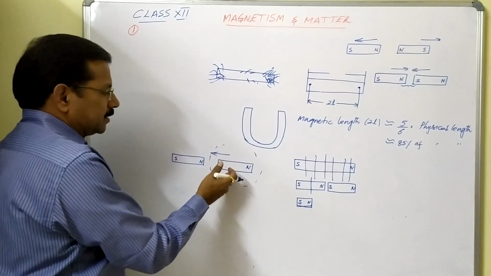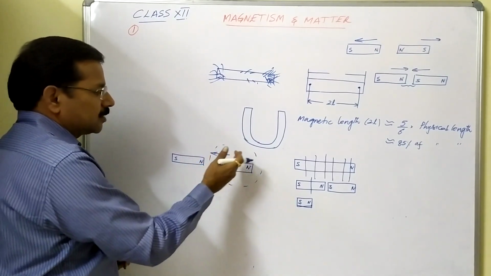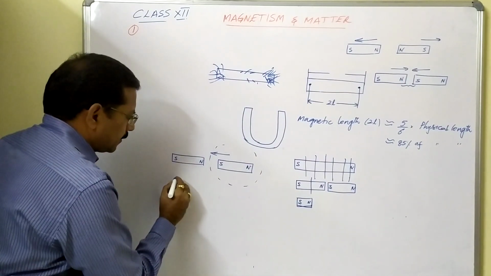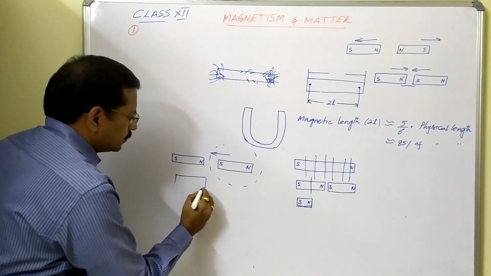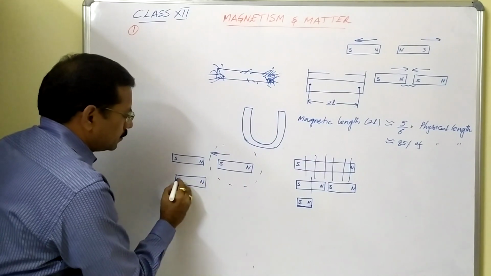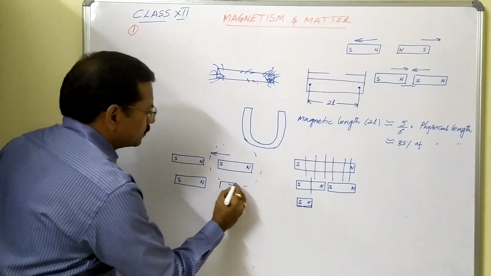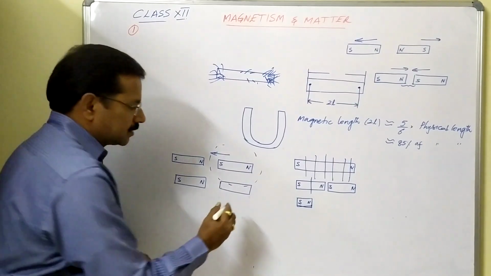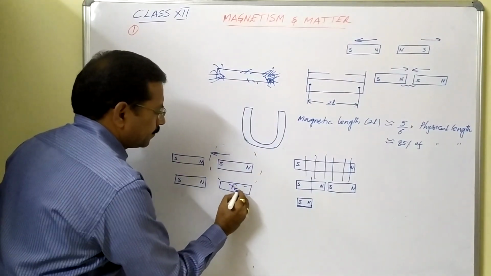This can be a magnet with this end acting as south pole and this end acting as north pole. Or this is a ferromagnetic material, such as a piece of iron.